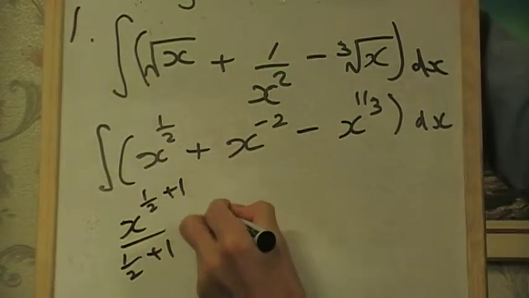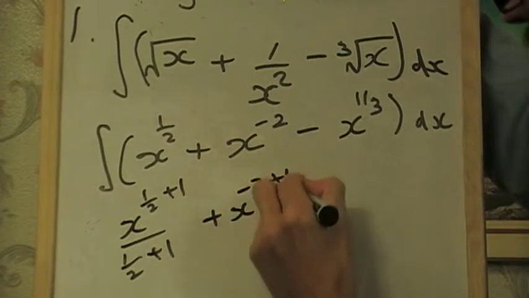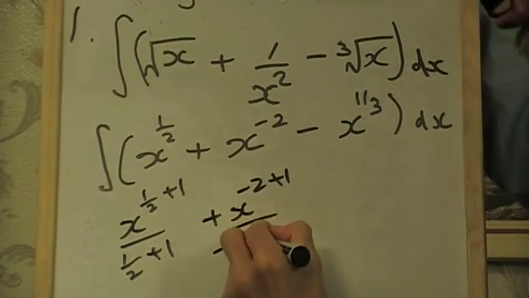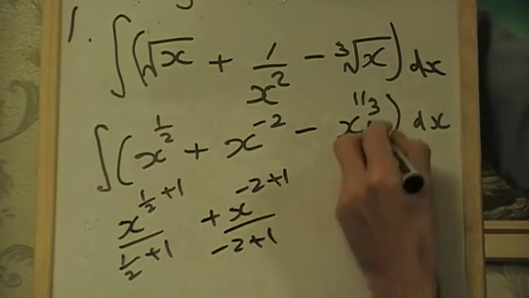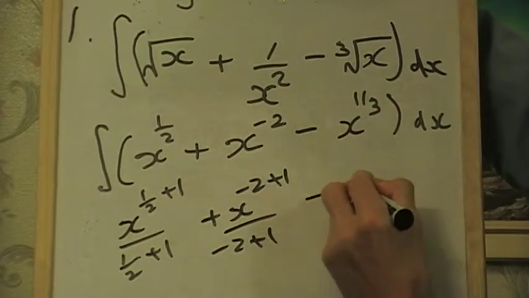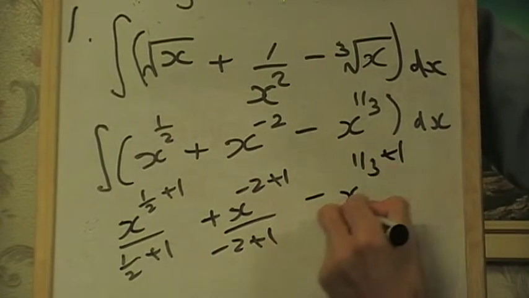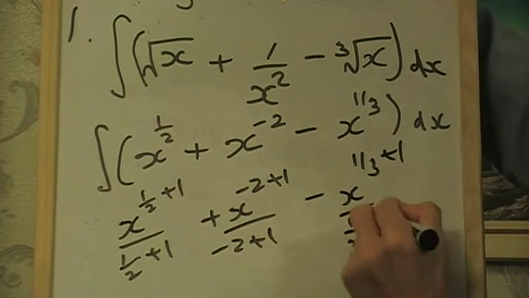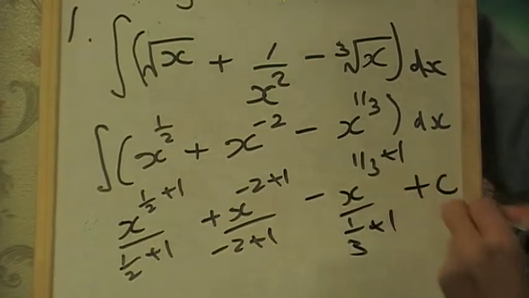We do the same with the second one: x to the minus 2 plus 1 over minus 2 plus 1. We do the same again with the cube root of x: x to the third plus 1 over a third plus 1. And again, don't forget the constant right on the end.